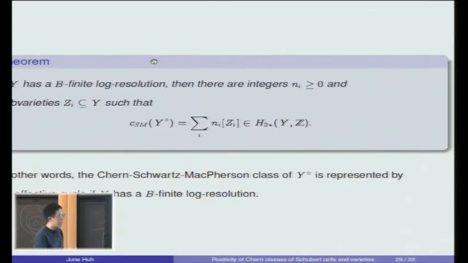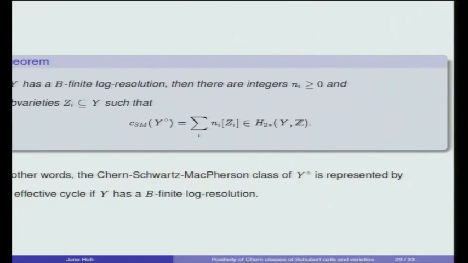And the fact that you can deduce from the existence of a B-finite log resolution is this. Whenever you have a B-finite log resolution, the Chern class of the open dense orbit is effective, meaning that it's a non-negative linear combination of fundamental classes of subvarieties of the right dimensions.